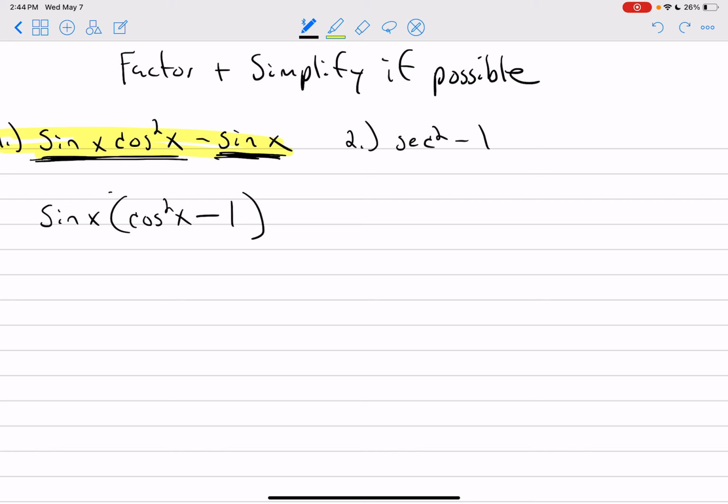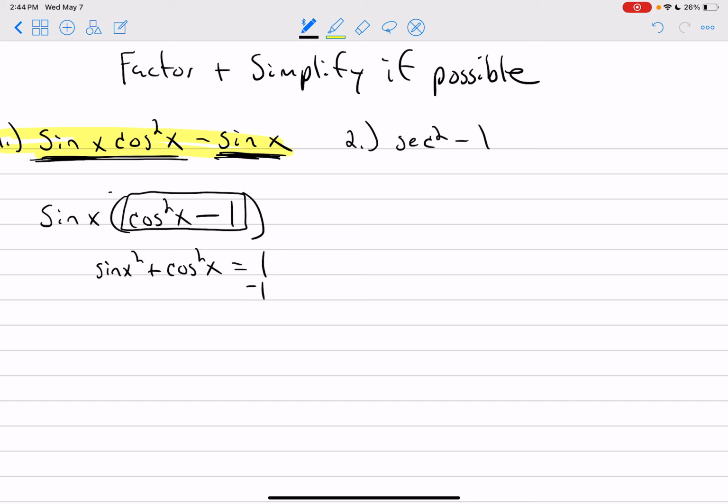And now I'm looking at this and I'm like, okay, I think I could simplify that. That looks like it comes from that Pythagorean identity. So I know that sine squared x plus cosine squared x equals 1. But this says cosine squared x minus 1. So let me see, how can I do this?